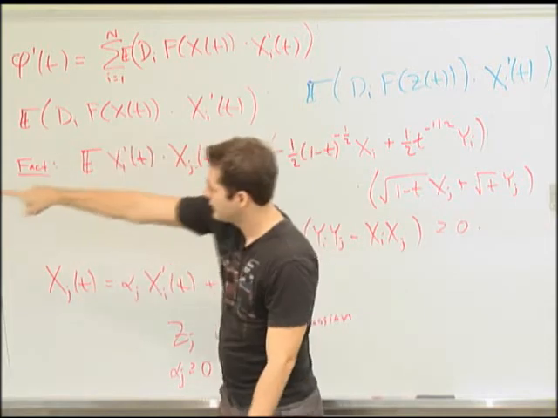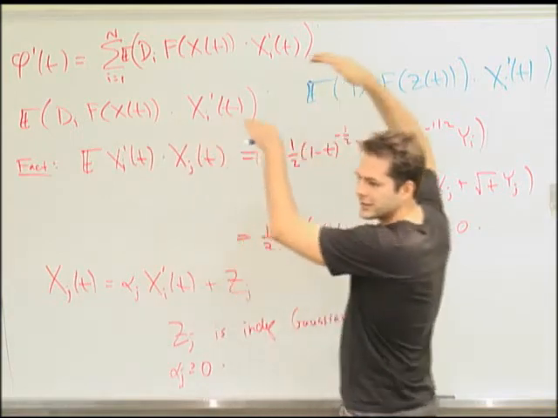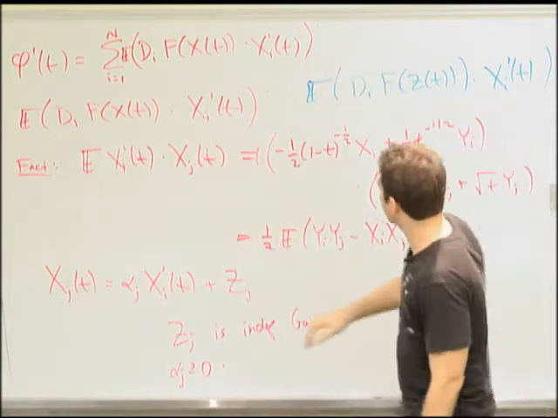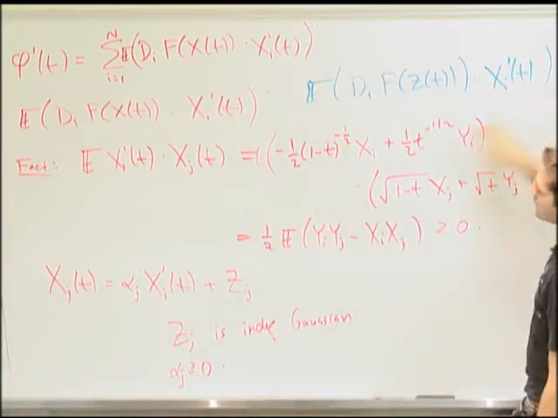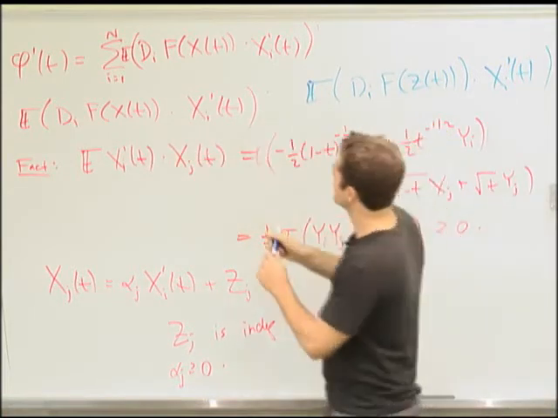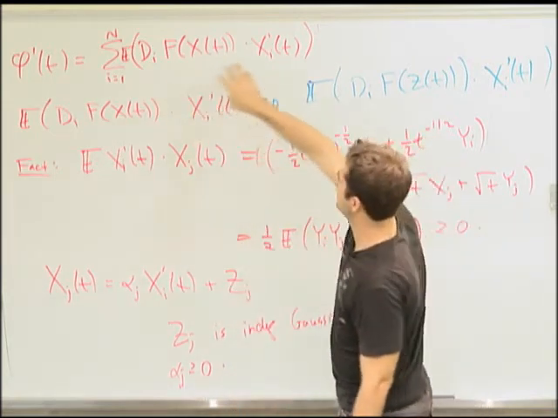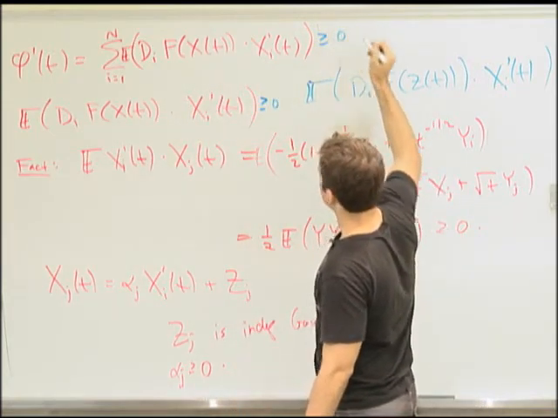But now d_i d_j f is bigger than or equal to 0, so as this increases, they go up. So when the alpha j's are equal to 0, this thing is 0. When they increase, this quantity increases. So we know that this quantity is greater than or equal to 0, and this thing is just a sum of these quantities. So we know this thing is greater than or equal to 0.